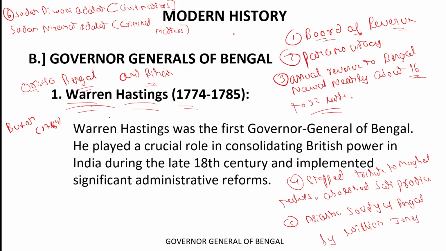But when Warren Hastings introduced the policy of paramountcy, he simply stated that the British had the supreme power above all. So there is no longer need to provide tribute to the Mughal rulers.